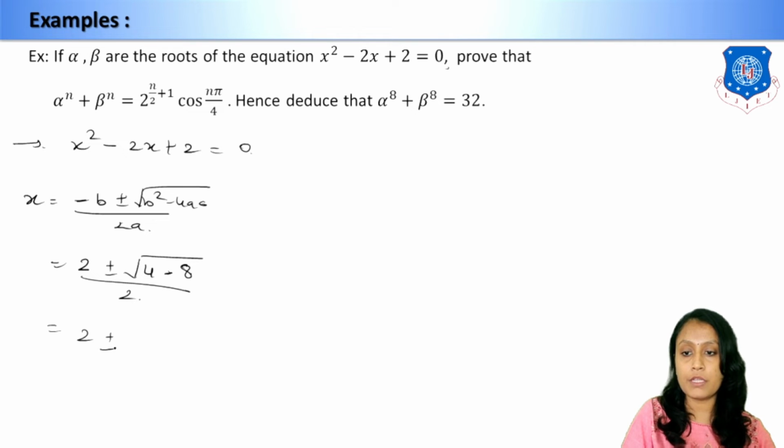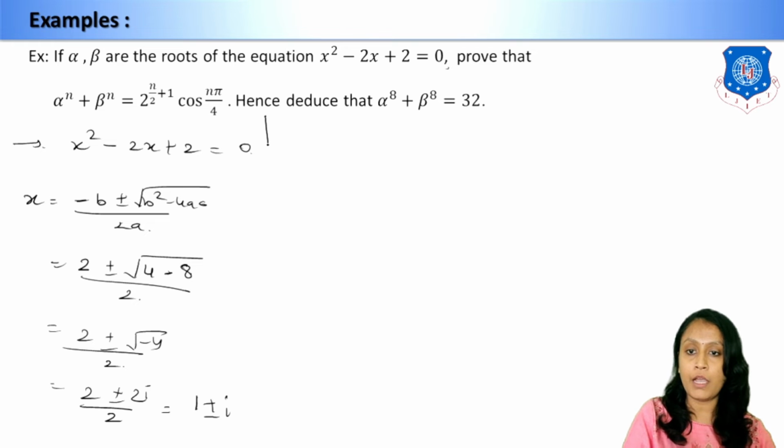So this is 2 plus or minus under root minus 4 upon 2. So this is 2 plus or minus 2i upon 2. We can take out 2 common. So this is 1 plus or minus i. Now here we have two roots. So let's name alpha as 1 plus i, and beta as 1 minus i.